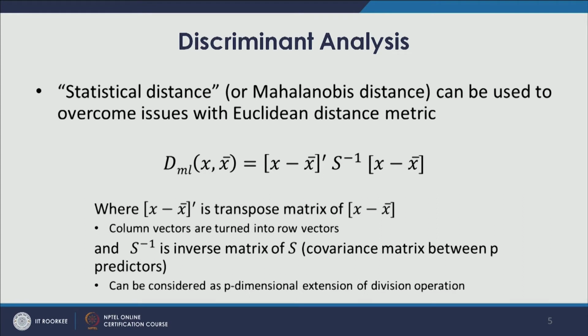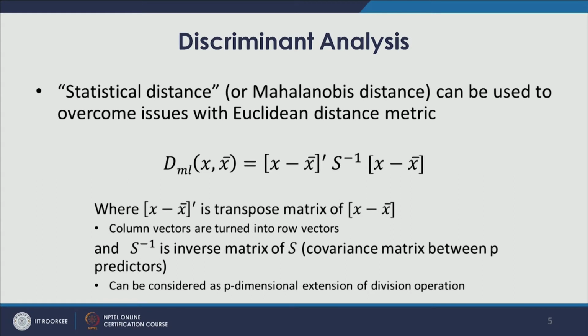Therefore, correlation between predictors is accounted for, and the S inverse can also be considered as a p dimensional extension of the division operation. In this fashion, scaling is also part of the process. If we take this statistical distance formula to one dimensional space, you would realize that this formula converts into a Z score.